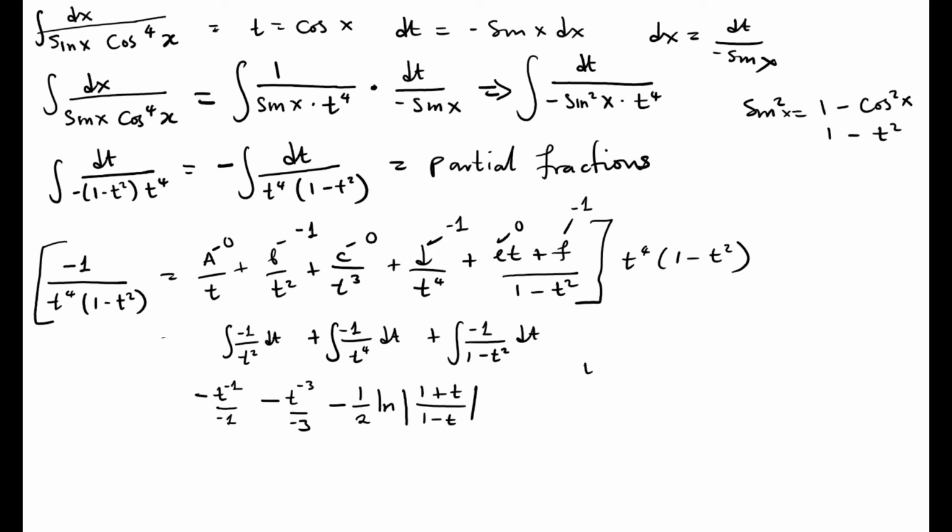So we remember t was equal to cos of x. So this one will be 1 over cos of x plus 1 over 3 cos cubed of x minus 1 over 2 ln of (1 plus cos of x) over (1 minus cos of x).